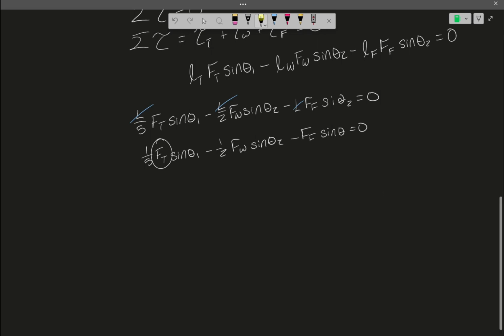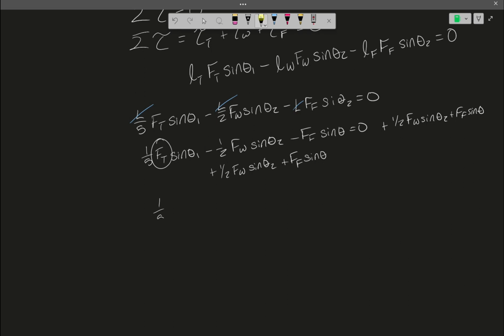So the first thing I'm going to do is add 1/2 FW sine theta 2 and the force of the foot sine theta 2 to both sides of my equation so that I can move this over.